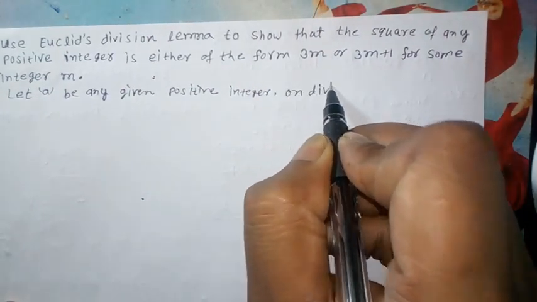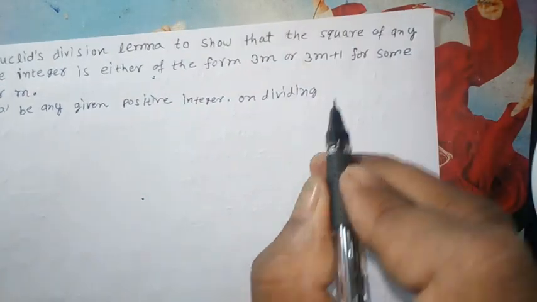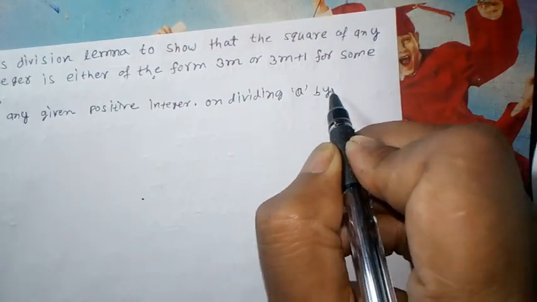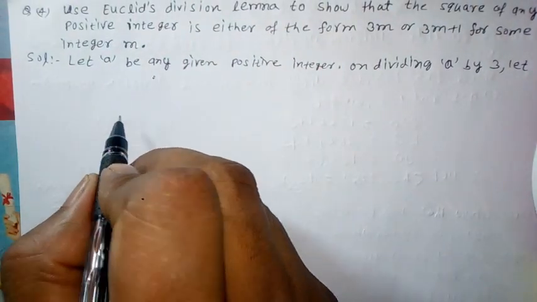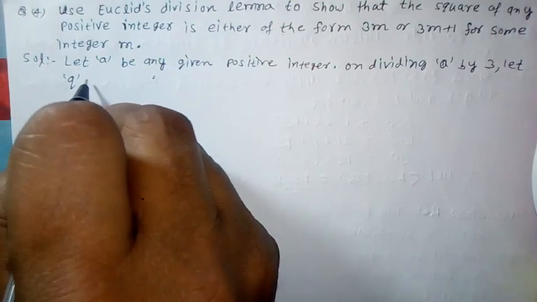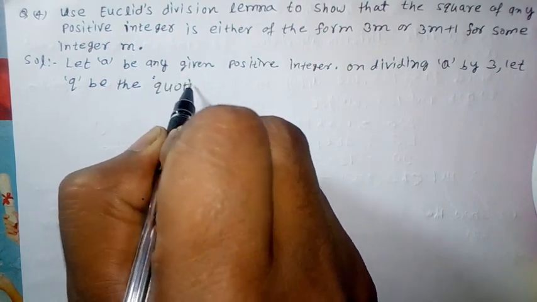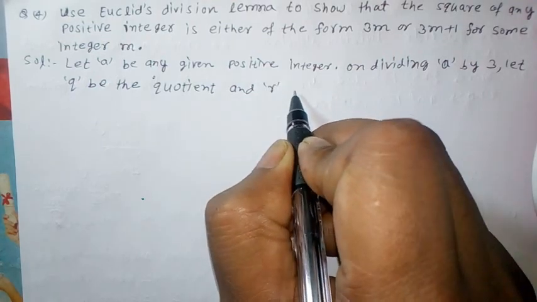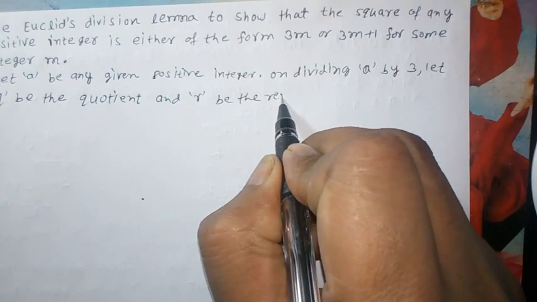On dividing a by 3, let q be the quotient and r be the remainder.